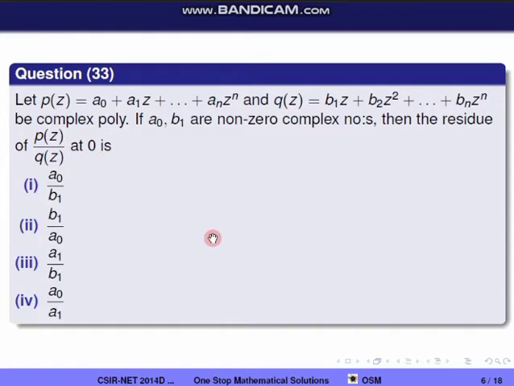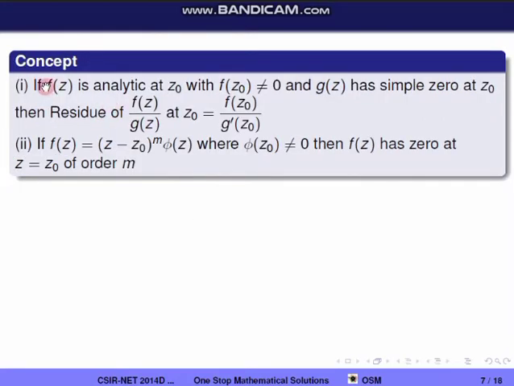We look into the concept used. If f(z) is analytic at z0 with f(z0) not equal to 0 and g(z) has a simple zero at z0, then the residue of f(z)/g(z) at z0 is equal to f(z0)/g'(z0). g' is the derivative of g(z), whose value is found at z0.